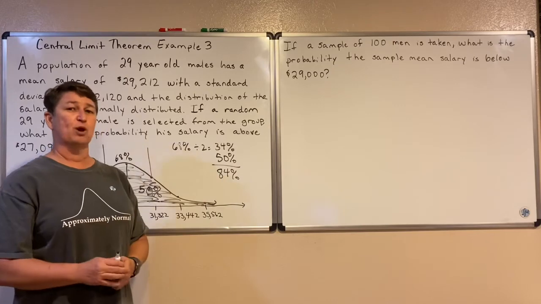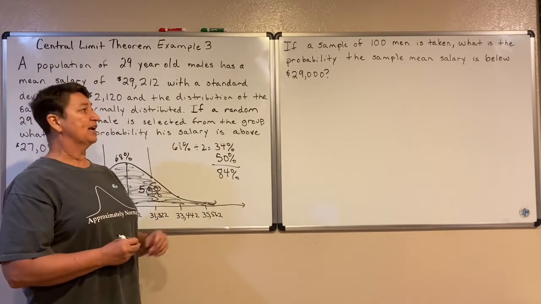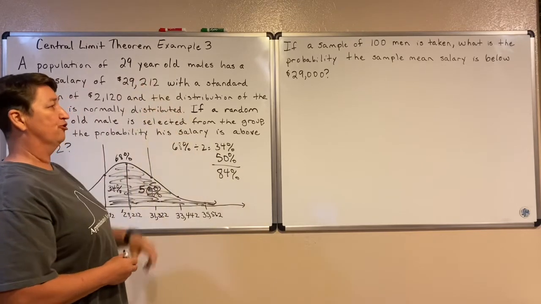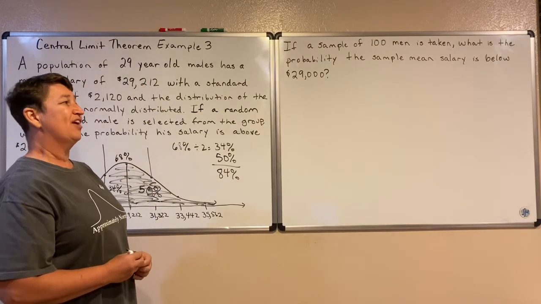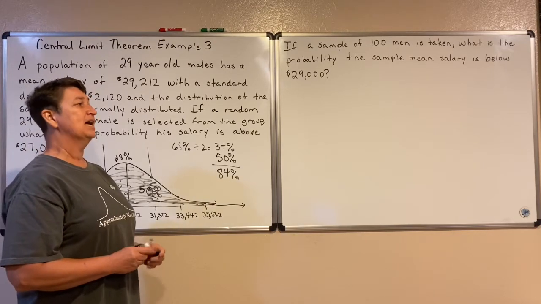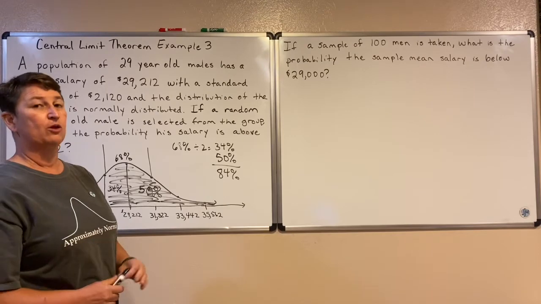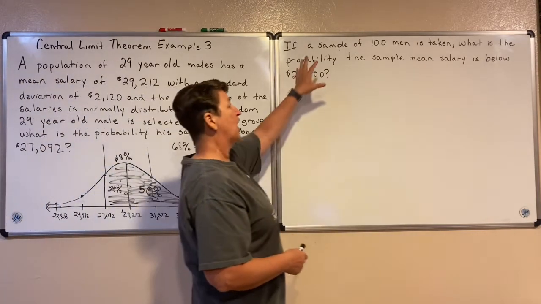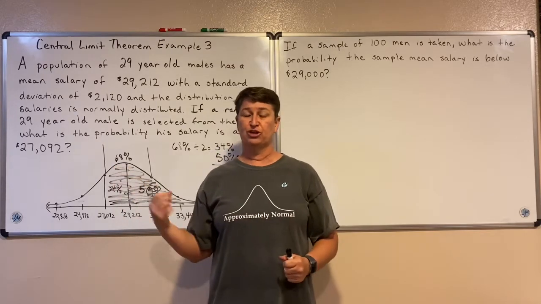Let's change this problem up just a little bit. This time, we're going to take a sample of these 100 men. What is the probability that the sample mean salary is below 29,000? Notice that here, I'm not just pulling out one man from this distribution.